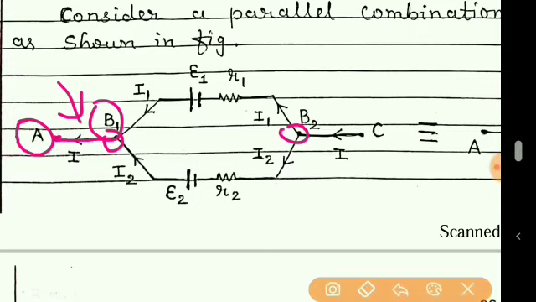Similarly here, the potential of point C and the potential of point B2 will be the same, because in between these two points there are no components connected.